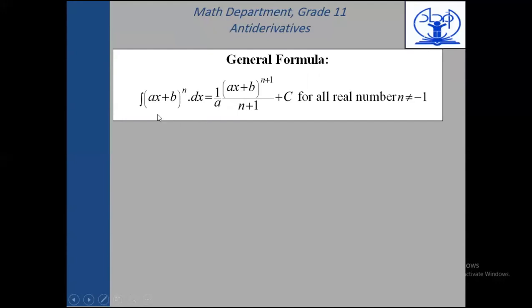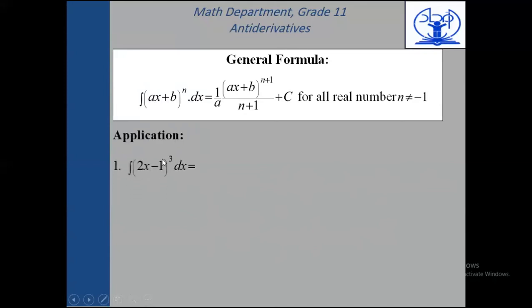A represents the slope of this linear expression. If u is not linear, you cannot apply this rule. You cannot divide by u prime. A here is not just u prime; it's only because this expression is linear. So you do (ax plus b) to the n plus 1 over n plus 1, and you divide by the slope of the linear expression.